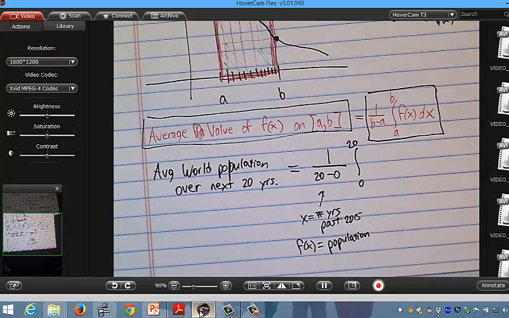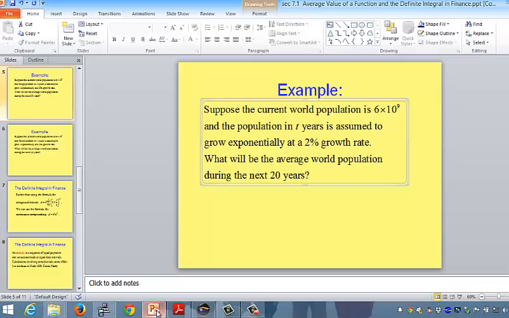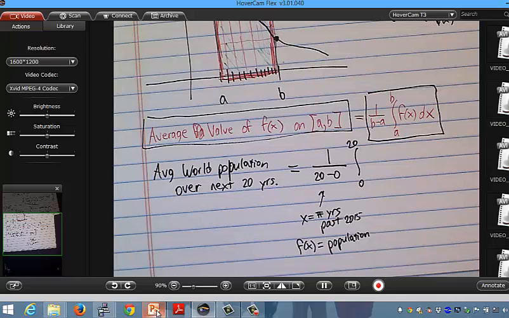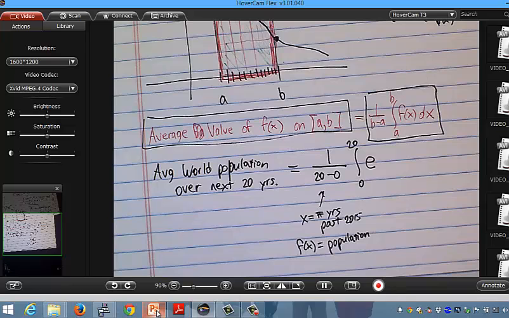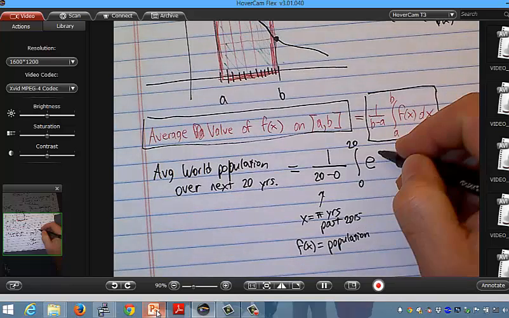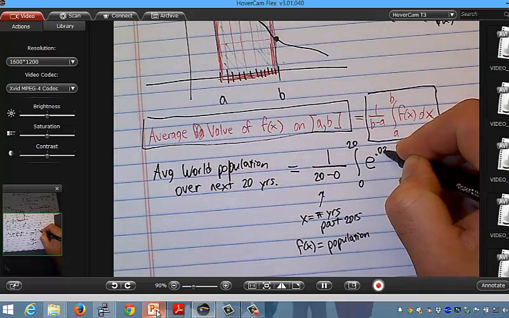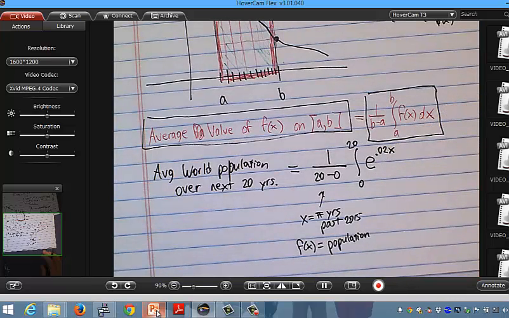Let's go back to the slide. What's it say? It's growing exponentially at a 2% growth rate. So how do I do that? Well, here's an exponential function, right? If we say a 2% growth rate, is that what I want? e to the 0.02x? Let's try that, huh?